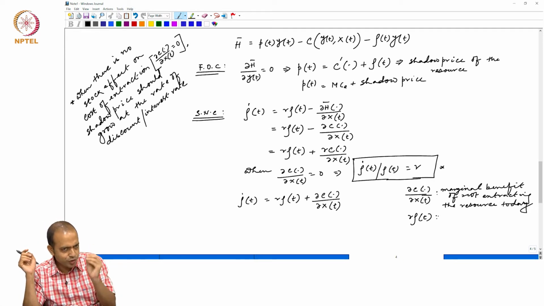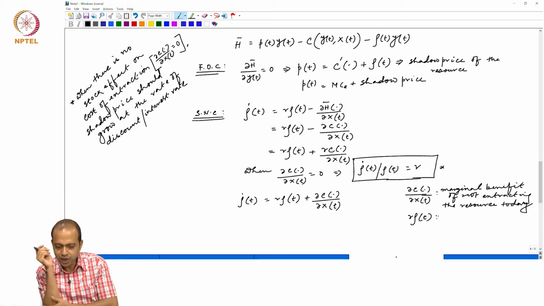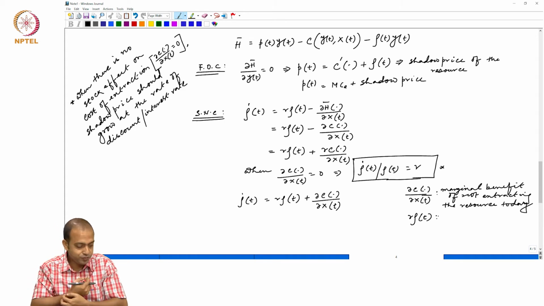So, 1 unit of resource, if I extract today, I will get rho T amount of money, and that same rho T amount of money, if I keep it in bank, then bank will give me rate of interest R. So, the total gain from that is R into rho T. So, that means when I am not extracting the resource today, basically I am sacrificing this amount.